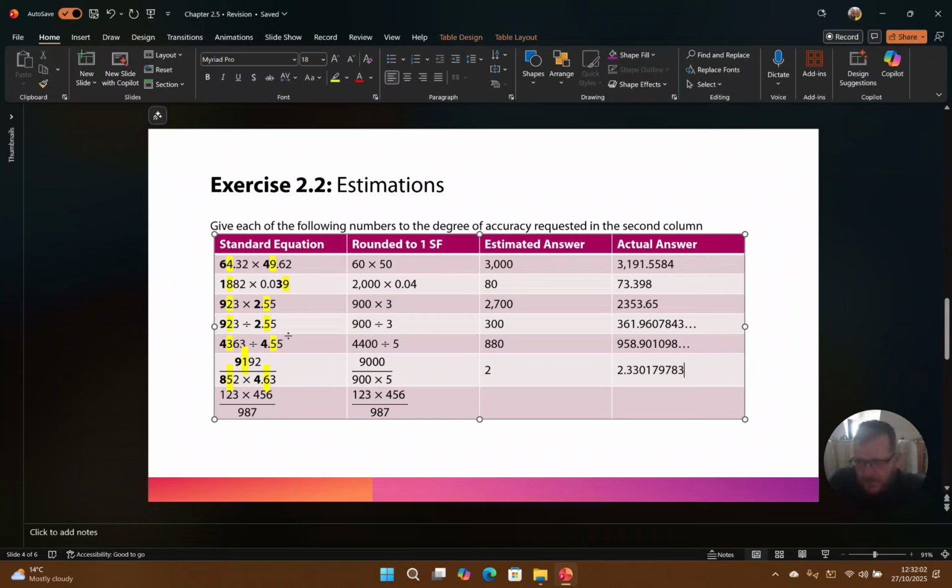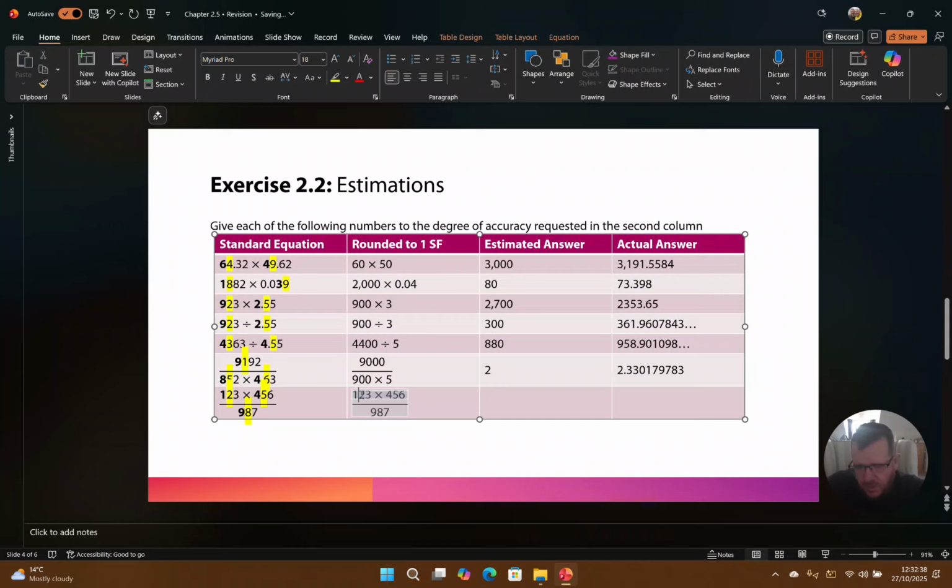The next one we have, this proves to be a bit of a risky idea, to highlight these, because it's overlapping the numbers.